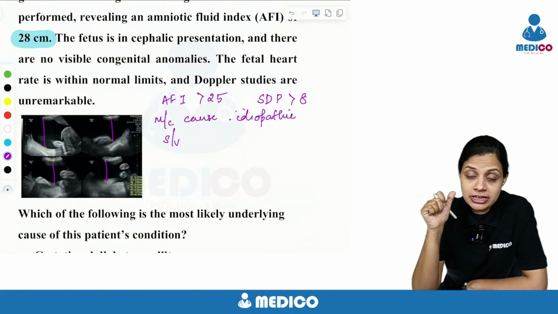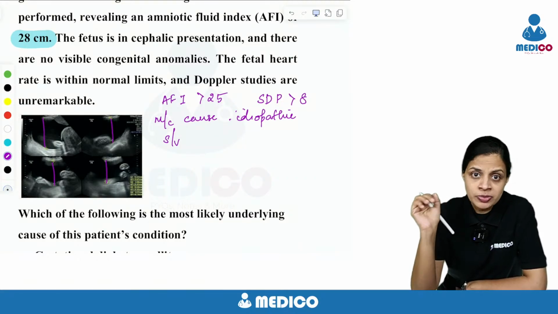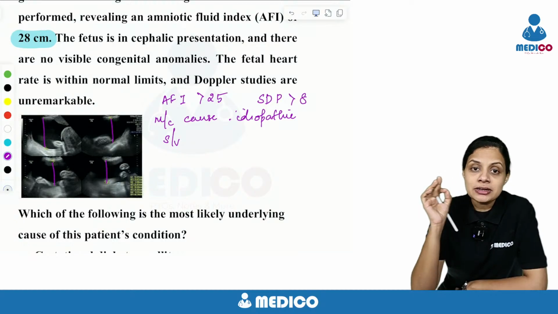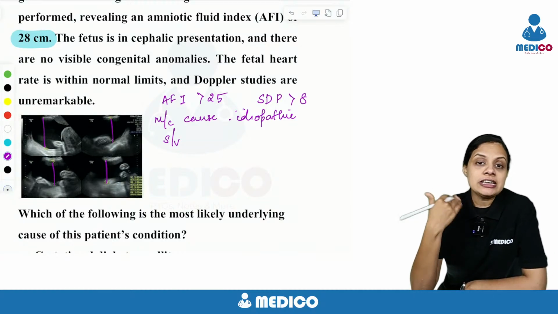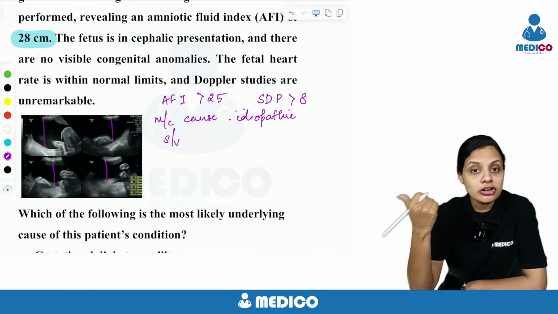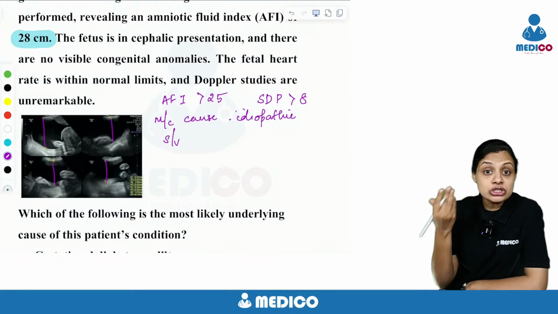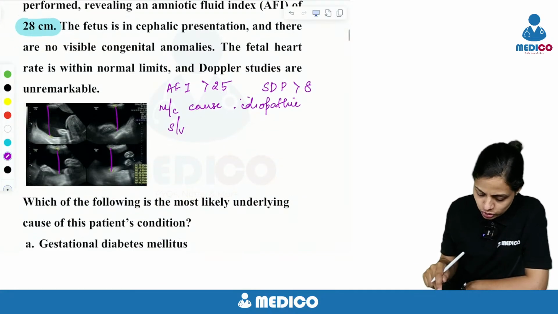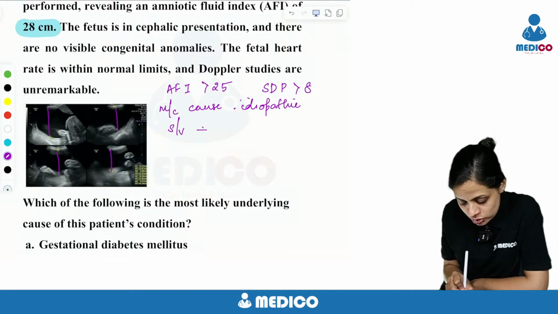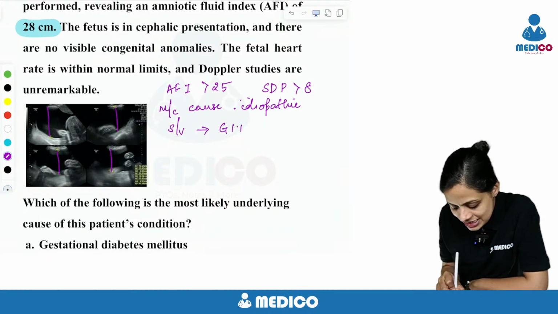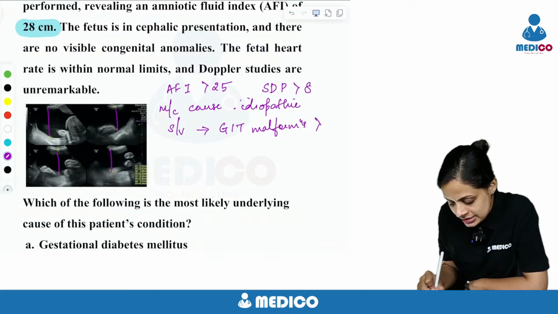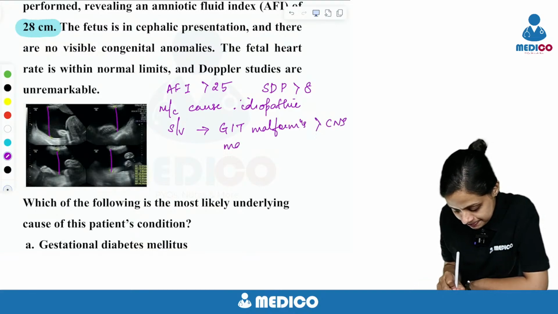The main component of amniotic fluid is fetal urine. So the kidneys are functioning, but the gastrointestinal system, which takes up the amniotic fluid back, is not functioning, as in a case of esophageal atresia, say. So the cause of severe polyhydramnios, the first thing that you have to remember is GIT malformations. This is followed by CNS malformations.